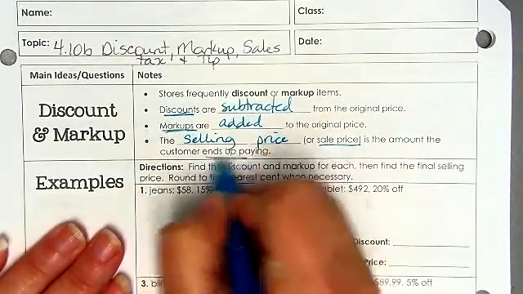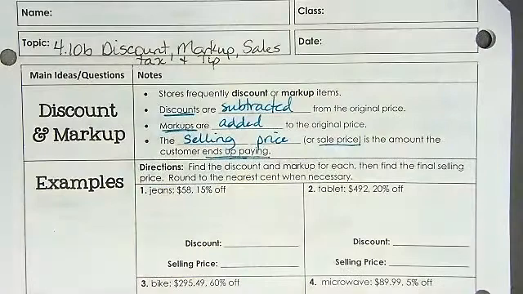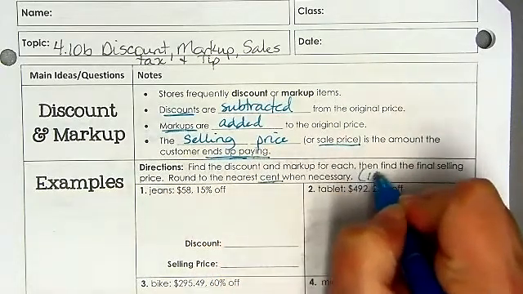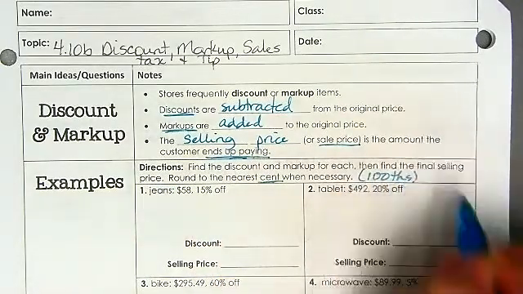So it's what you end up paying is the sale price or the selling price. All right, so for our directions, find the discount and markup for each problem, then find the final selling price. Round to the nearest cent. Nearest cent, that means it's the hundredths.